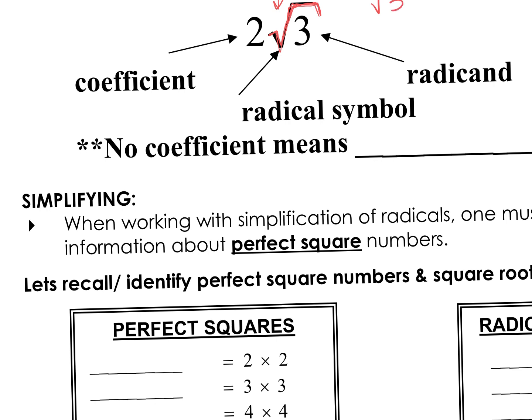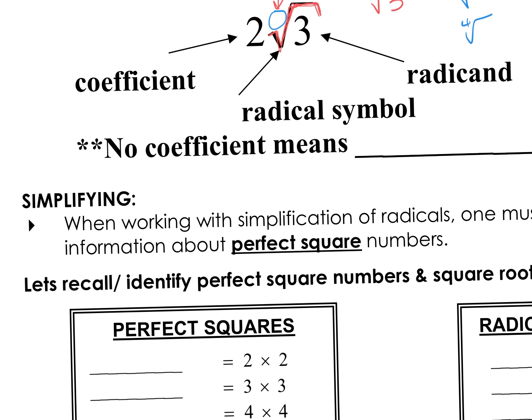If there isn't a number written in this little area here, then it implies a square root. We're going to see a little bit later in this unit how to deal with cube roots or fourth roots, and that just means that this number here, the index, is going to change. But for today, we're just going to focus on square roots.